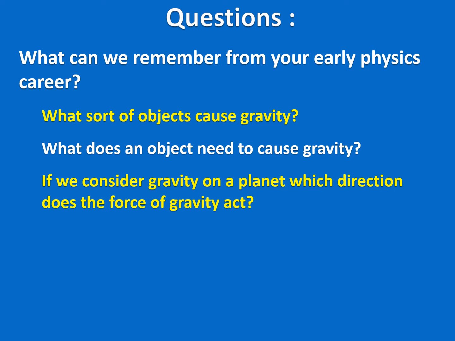And the third one, if we consider gravity on a planet, which direction does the force of gravity act? The force of gravity between two objects is equal and opposite. So for an object on the surface of a planet, it acts towards the center of the planet.